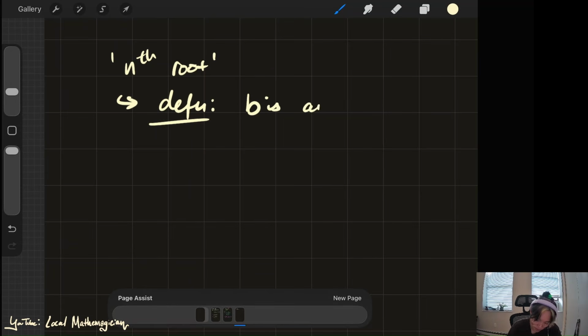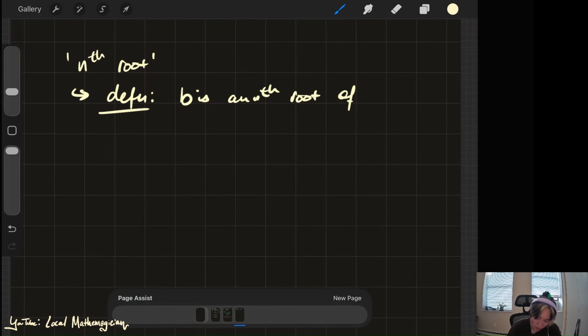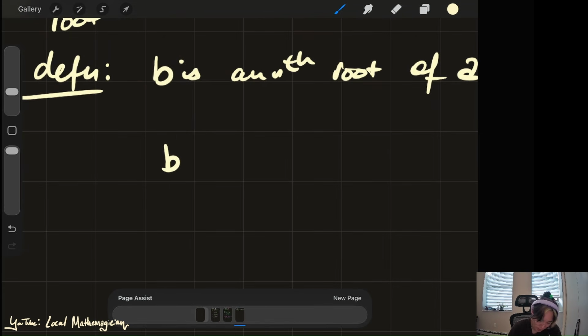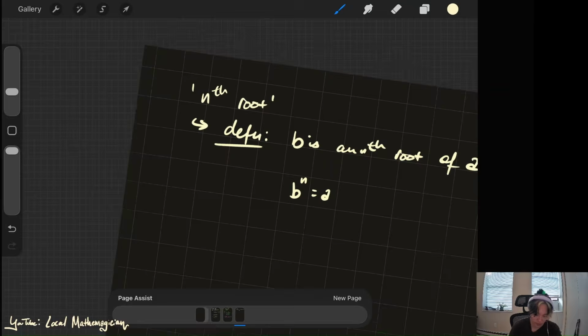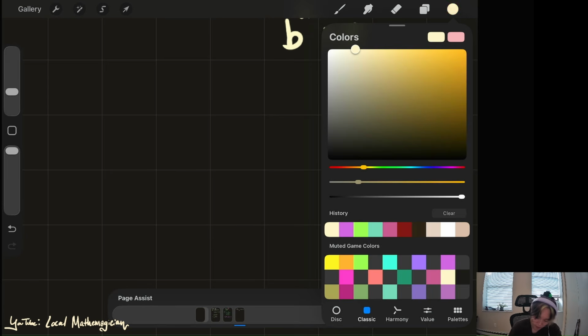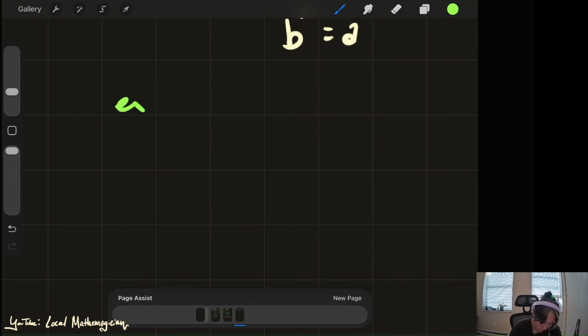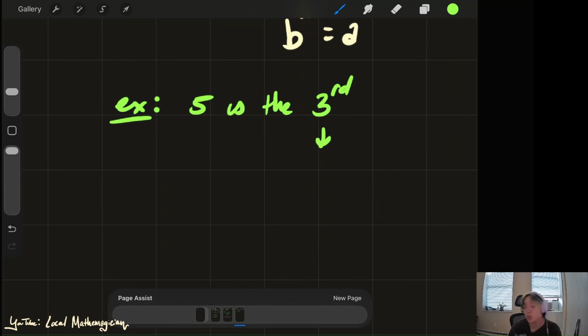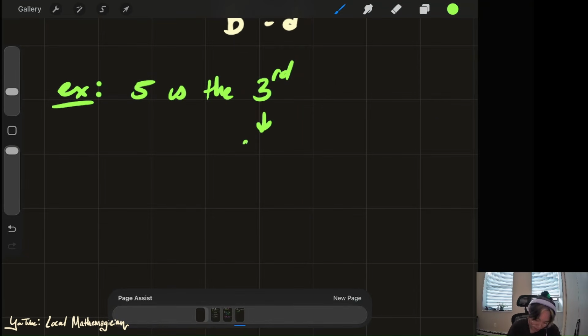We can write this as the definition. B is an nth root of A if and only if B to the power of n is equal to A. So let's do some examples. 5 is the third, which will also be called cube, okay?